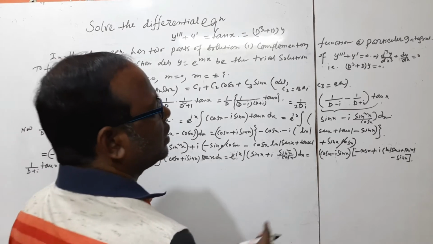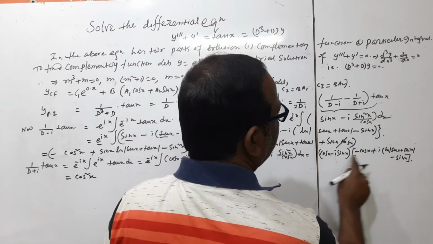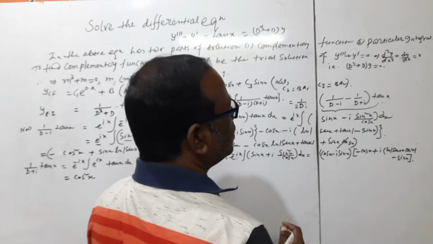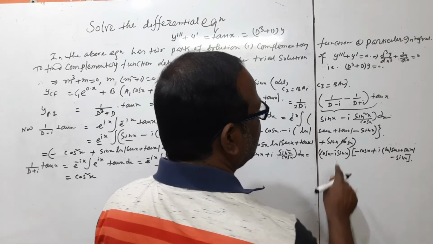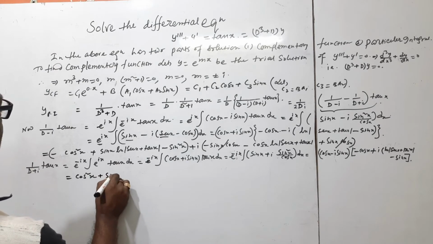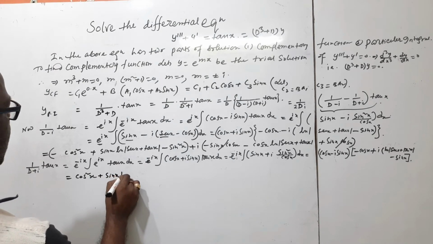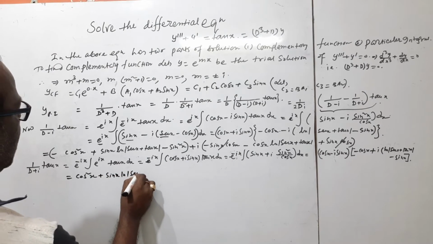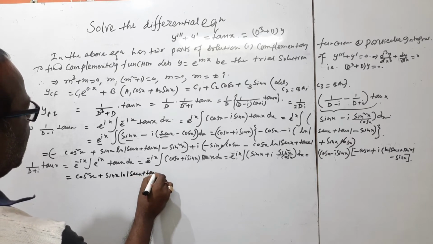If we multiply this, so real part with real part, that is here cos square x. After that, the imaginary part with imaginary part, i square into i square, this is minus i square plus this into this, so plus sin x into ln mod sec x plus tan x.